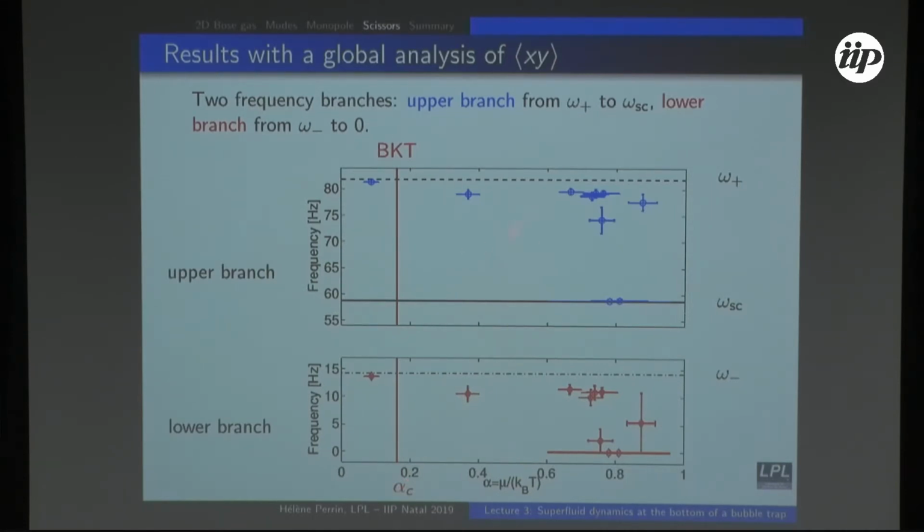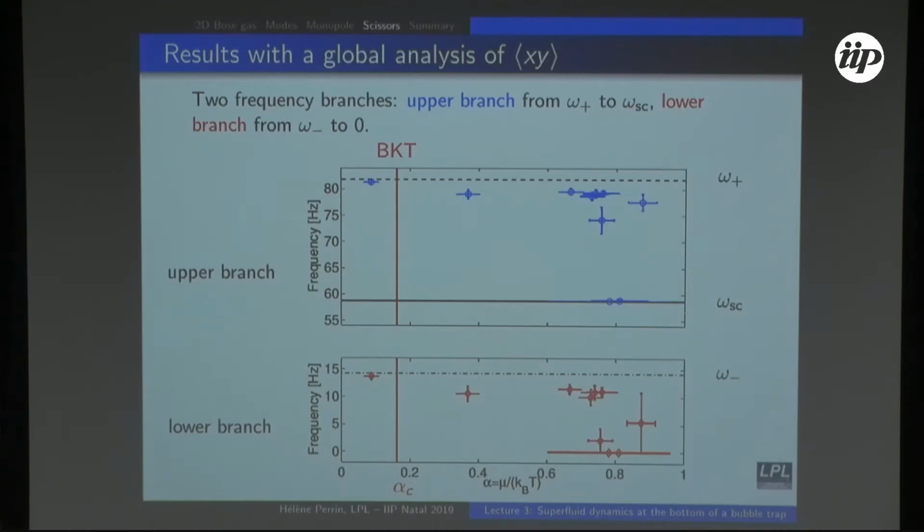So we see a lot of points where there is a shift, but still we see mainly the thermal oscillation frequencies and not the condensed one. So what's happening? This is obtained by taking the value of xy over the whole gas.